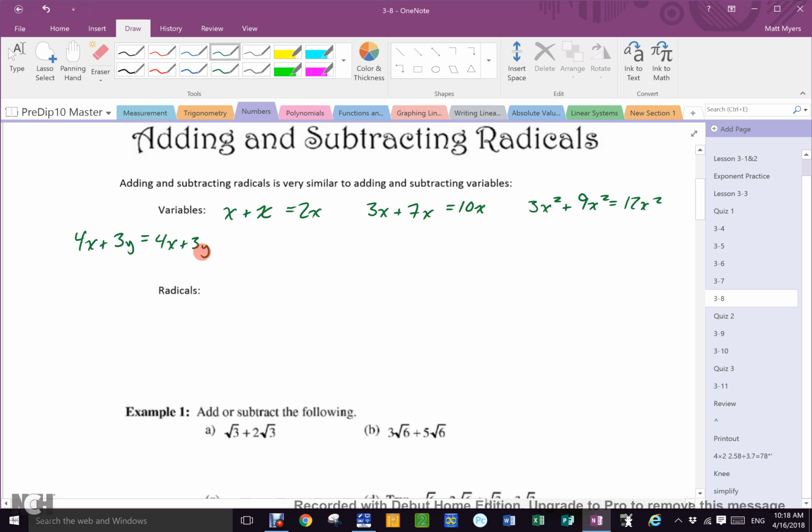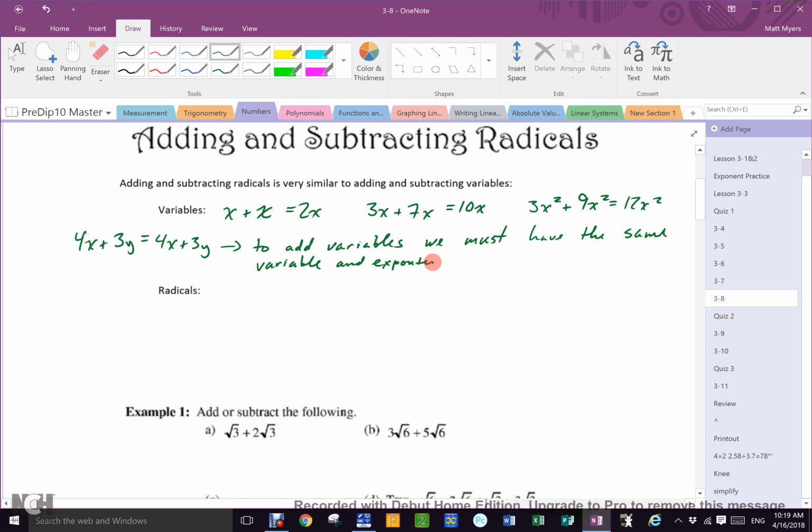I call your attention to the third of four examples. It has the same exponent. Same exponent. All right? To add variables, we must have the same variable and exponent.